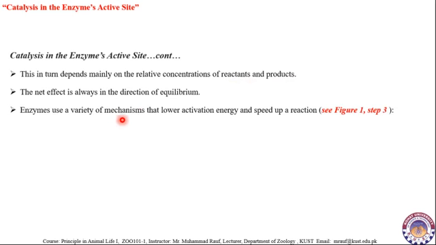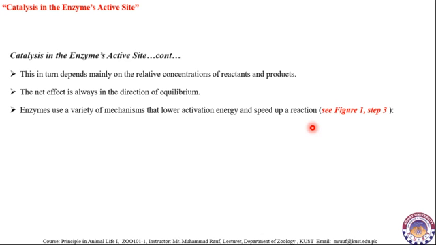Enzymes use a variety of mechanisms that lower activation energy and speed up a reaction. So how the enzymes carry out their activity is that they actually decrease the activation energy. Activation energy is the minimum amount of energy required to convert reactants into products.